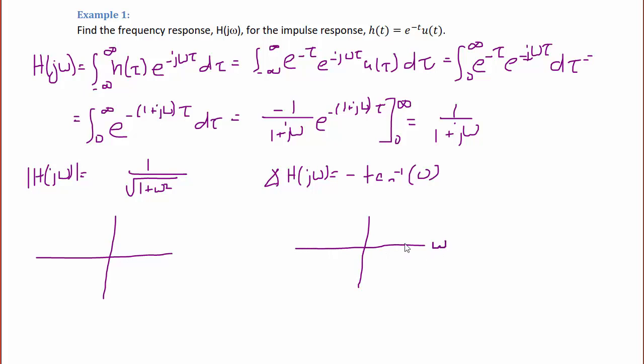What that should mean is that the magnitude of H of j omega should have even symmetry, which we can see here. It does, where the maximum value is 1 at 0, and at negative 1 and positive 1, the value is 1 over the square root of 2.